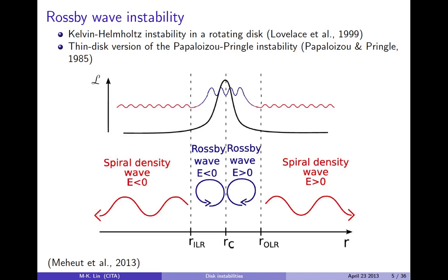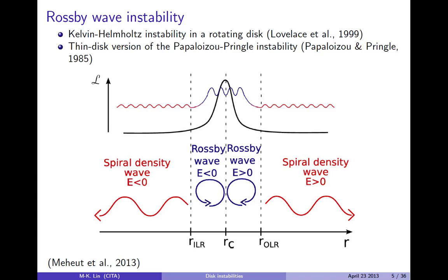And the waves are such that they have a negative angular momentum inside the bump radius and a positive angular momentum outside the bump radius. This comes about from the fact that the wave has a frequency which is smaller than the rotation frequency if you're inside the bump. And if you're outside the bump radius, the wave frequency is faster than the background rotation frequency.